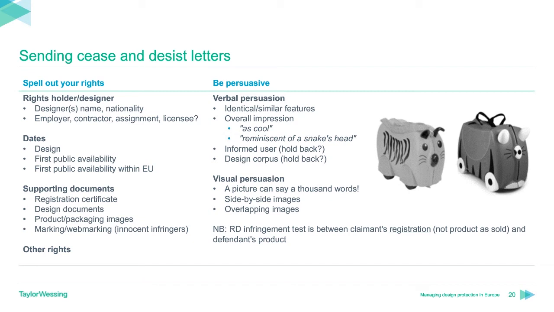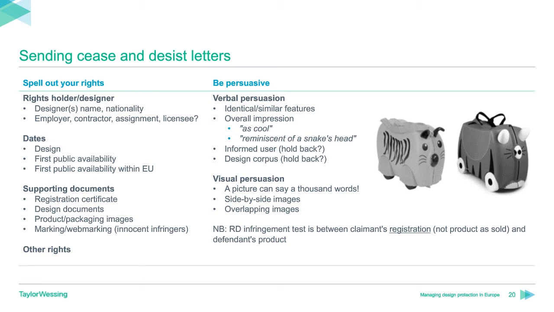Dates play a crucial role in these cases, so you'll want to specify the dates of your designs, as Martin was saying previously. Also the date when the design was first made publicly available, and assuming this is in your favor, going that step further and specifying when it was first publicly available within the EU.